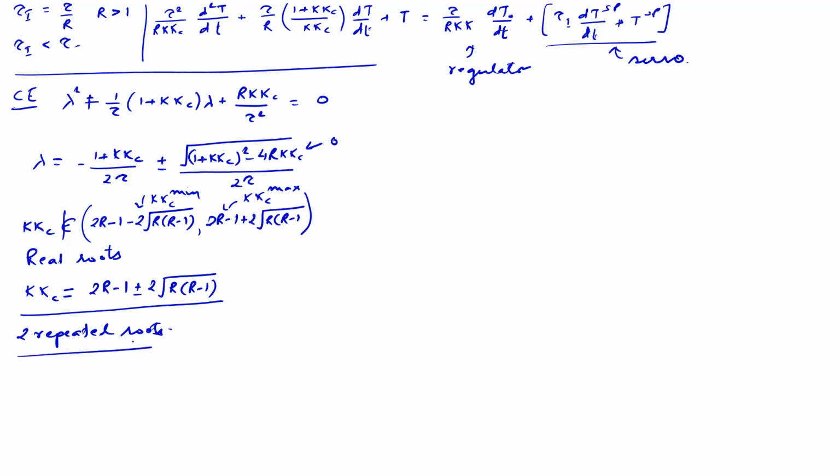And those two repeated roots are essentially lambda equal to minus (1 plus K Kc) by 2 tau, and you also have the discriminant going to 0, so (1 plus K Kc) squared must be equal to 4r K Kc.